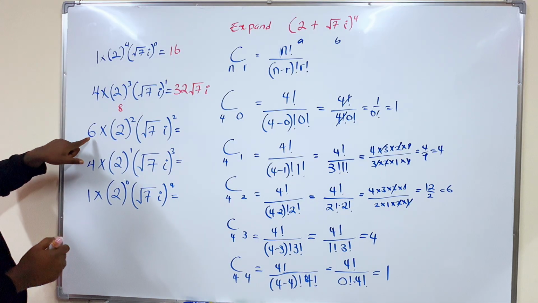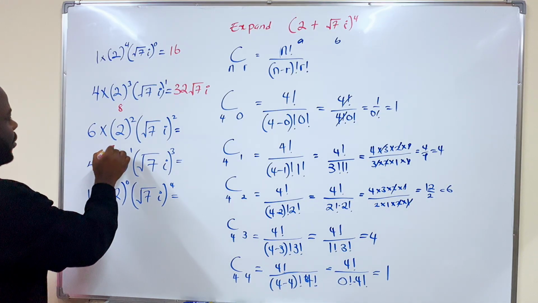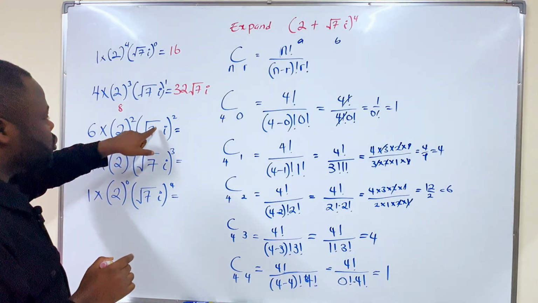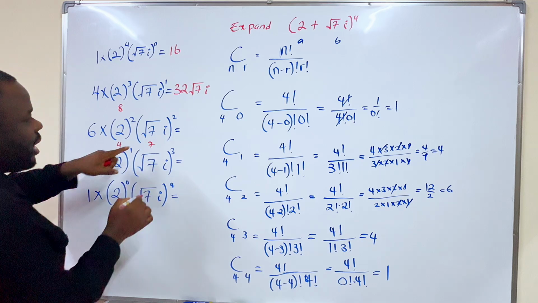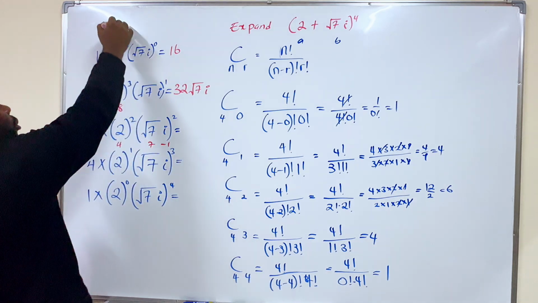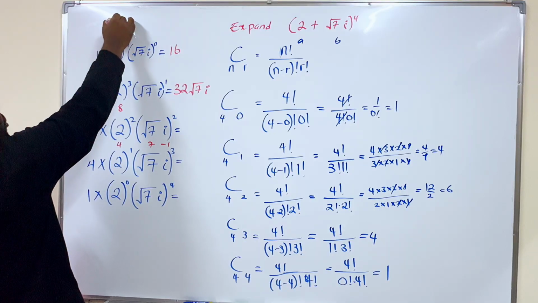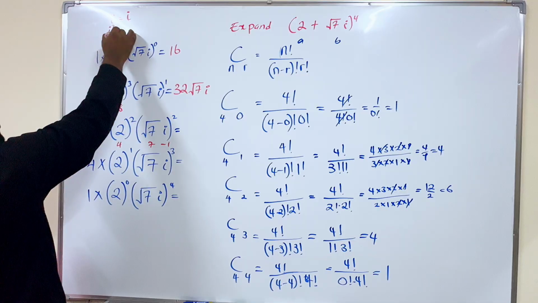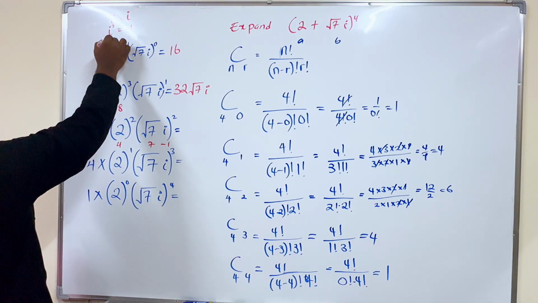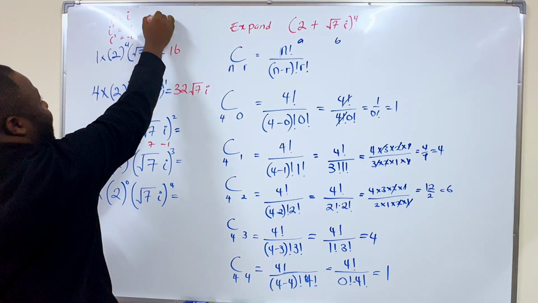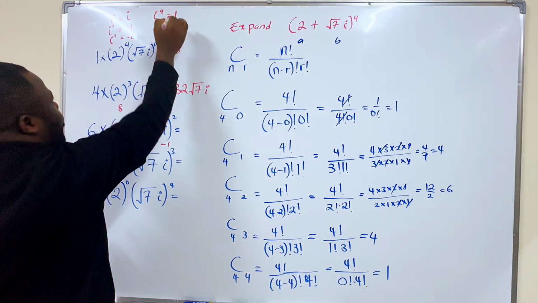So here we have 6 multiplied by, this is 4, right? And note, square root of 7 squared will now give you 7. I squared will now give you negative 1. Okay, if you've watched my video, you know that i equals i, then i squared equals negative 1, i cubed equals negative i, then i to the power 4 equals 1.